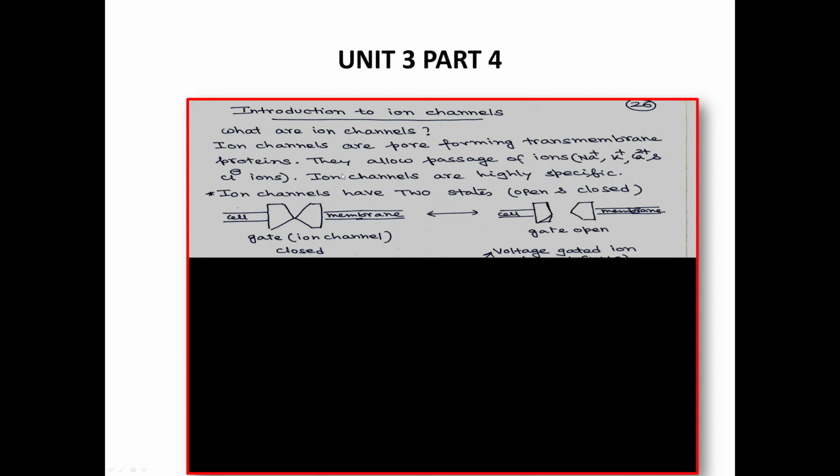Depending on the size and diameter of the ion channels, the sodium ion, potassium ion, calcium ion and chloride ion channels are all different. They are highly specific, and when it is required, only then will the channel be in the open form. That is called the ion channel being open, or the gate being open.